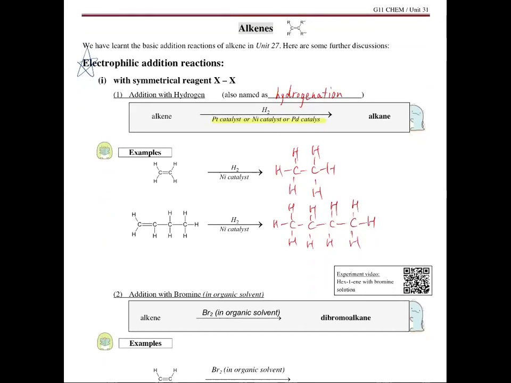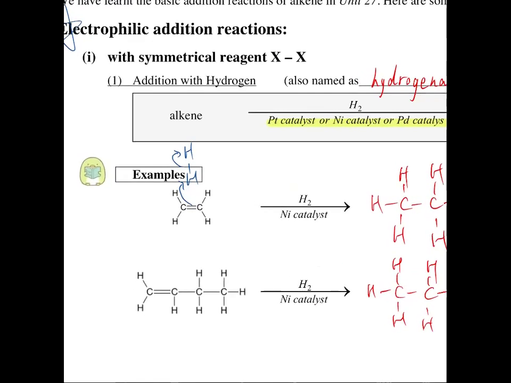So how should you draw this? Maybe I draw the first example here. If we have hydrogen, hydrogen, remember the double bond breaks and then it will move to here. Maybe zoom in a little bit. And then it will form the carbocation.